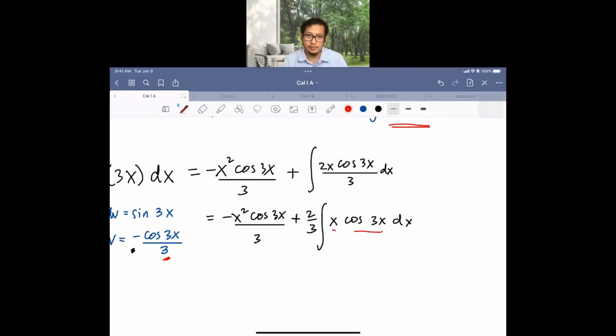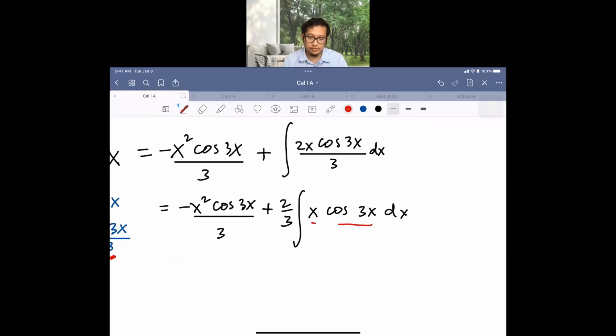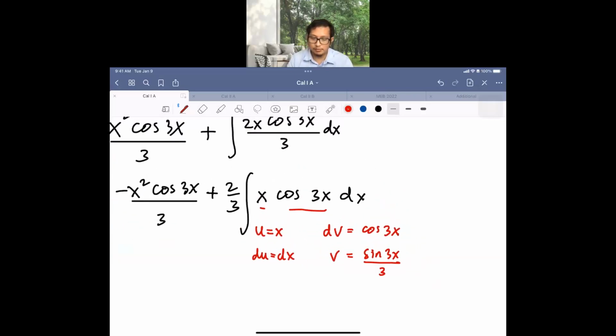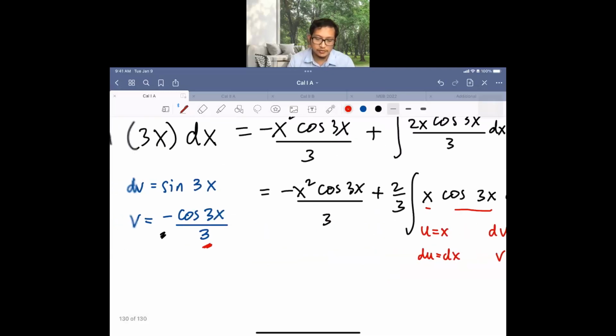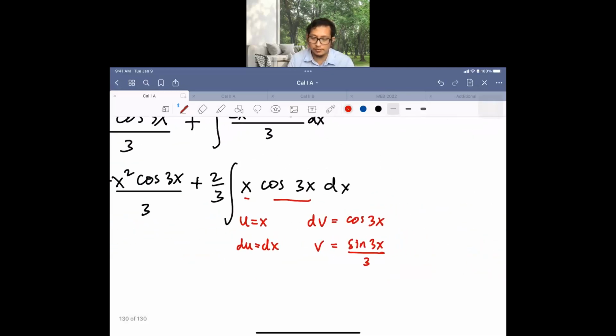We could do one more time. We select another u, this is x, and another dv, which is cosine 3x. So du is dx, and v will be negative, not negative, cosine is positive, so sine 3x over 3. Okay, and then we can write down this part, and don't forget that we have not finished the whole thing here, so we are just finishing one by one.